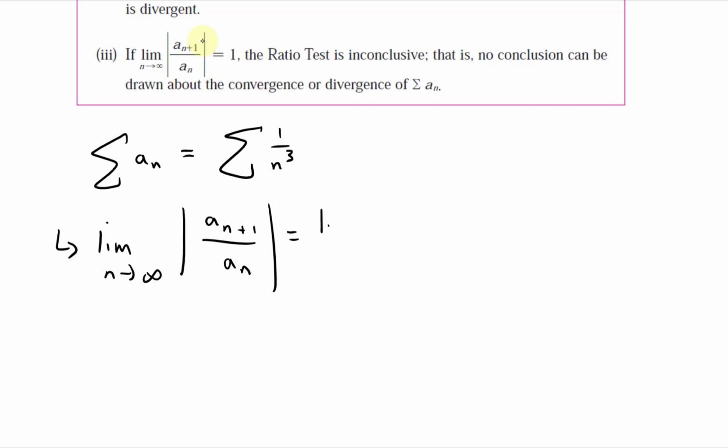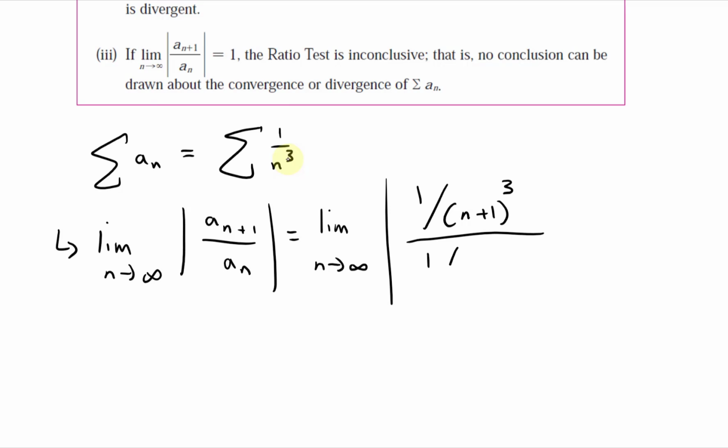In our case, we plug in n plus 1 on top, so we get 1 divided by (n plus 1) cubed, divided by 1 divided by n cubed, all in absolute value.